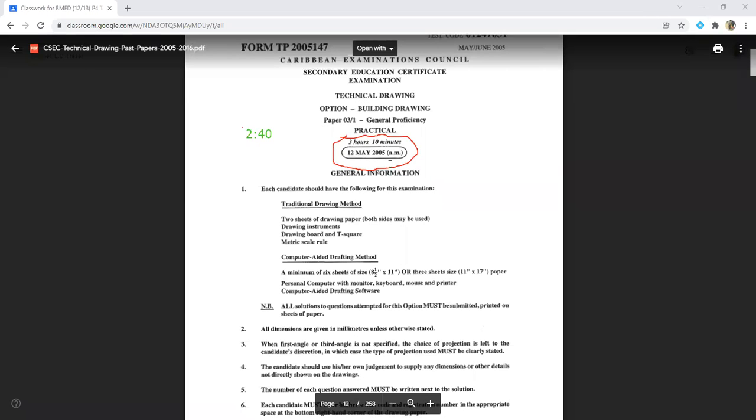Now you have computer aided design, so you have 30 minutes less. Back then you had a choice between two questions pretty much. No, you do not have any choice.